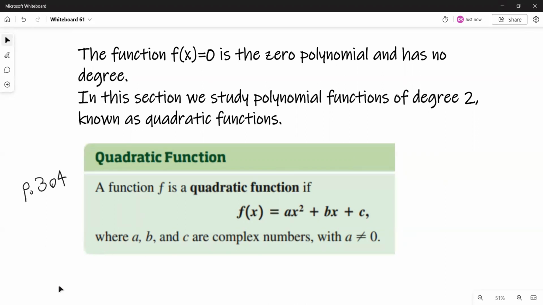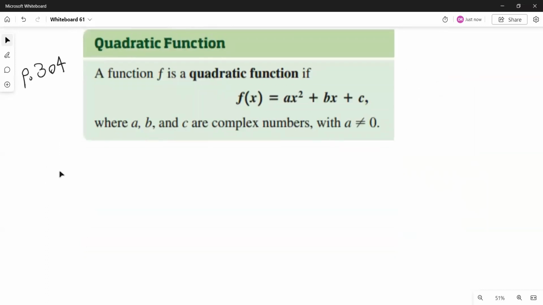Okay. So the simplest quadratic function is the squaring function.